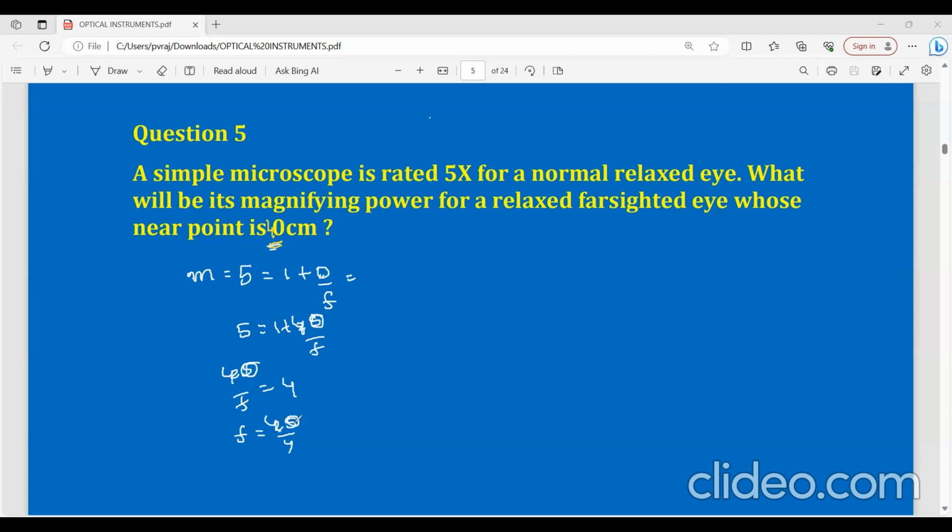This will be 40/4, which is 10 only. So the focal length of the lens is 10 only.